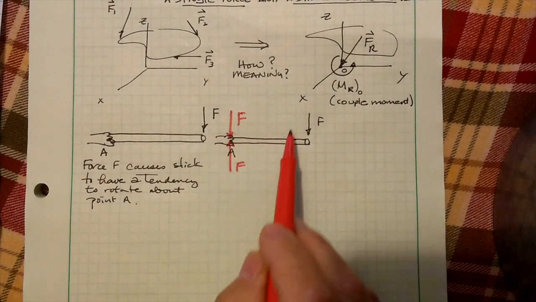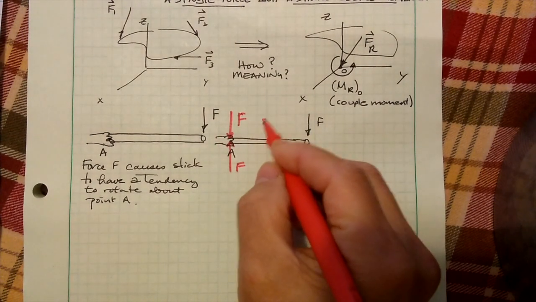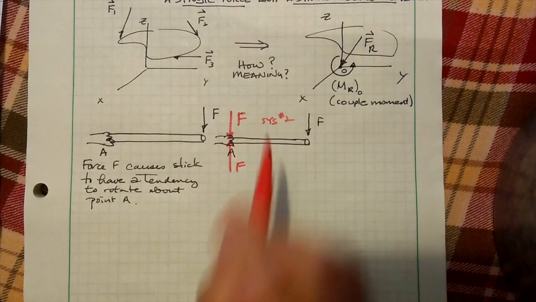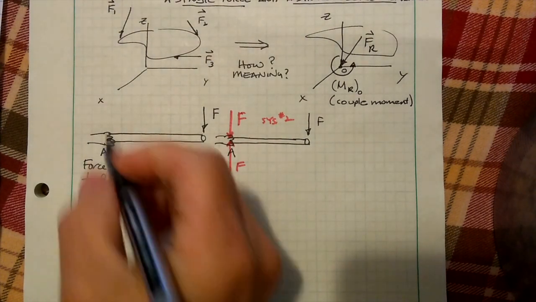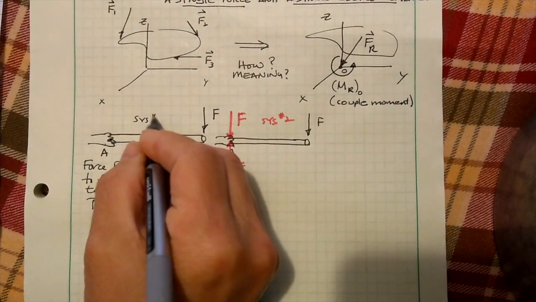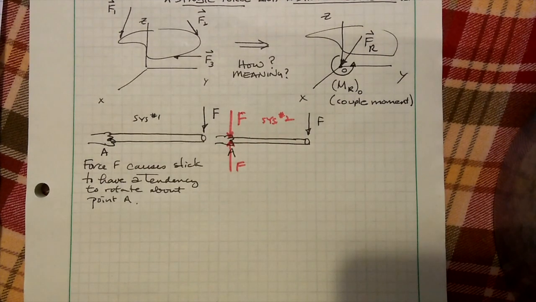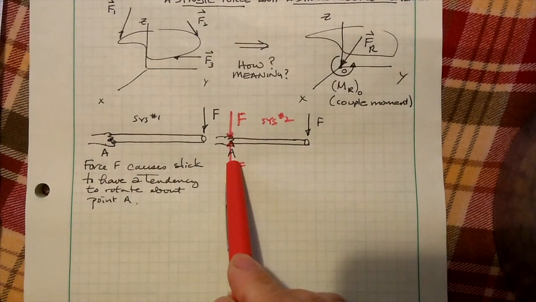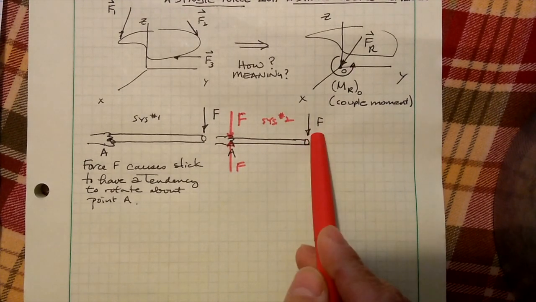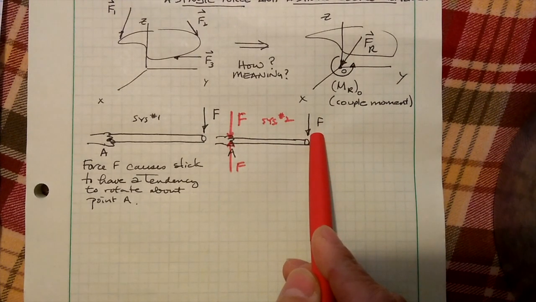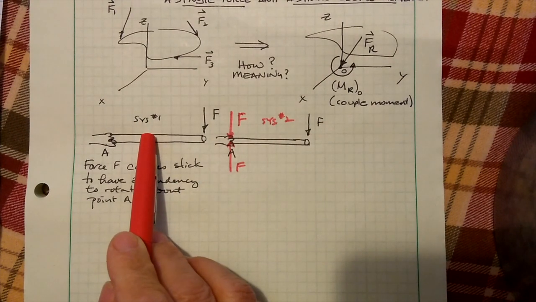So this particular system, let's call that system number 2, is equivalent to system number 1 because these two forces will cancel out, and in essence just leaves me with this force, which would then make it the same as system 1.